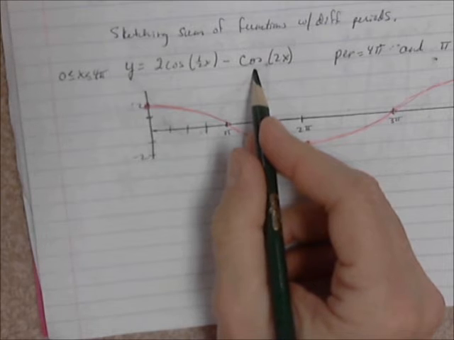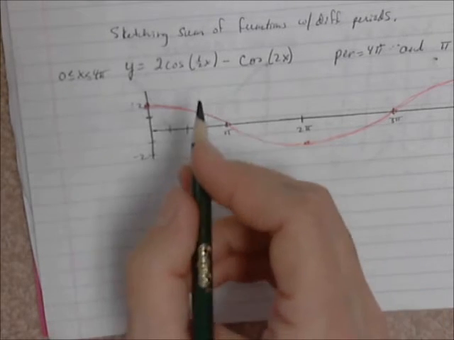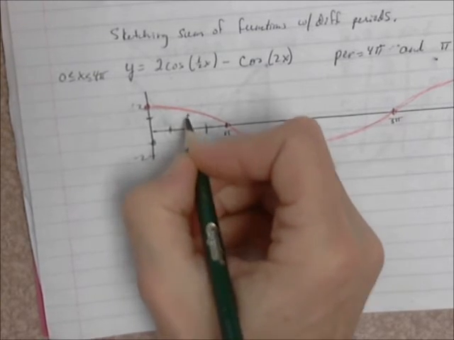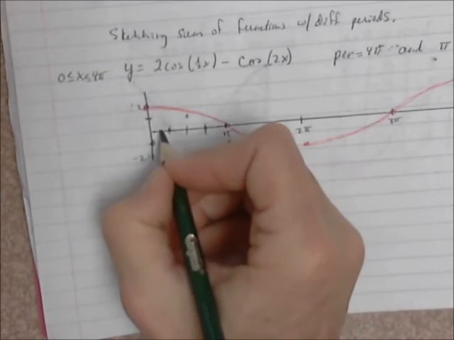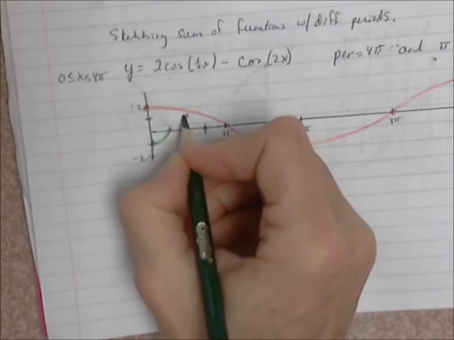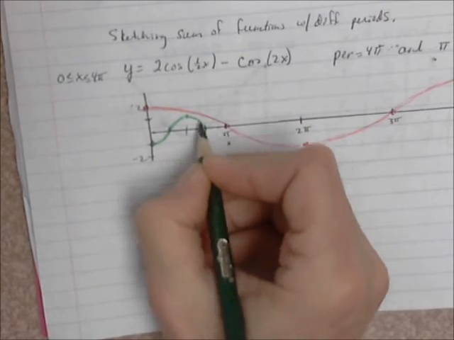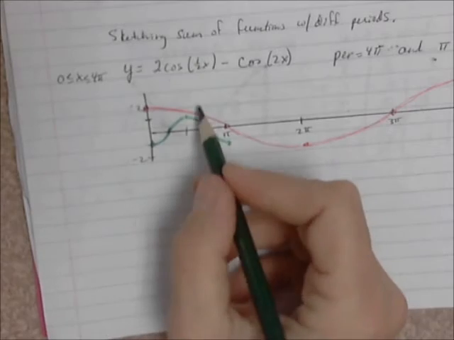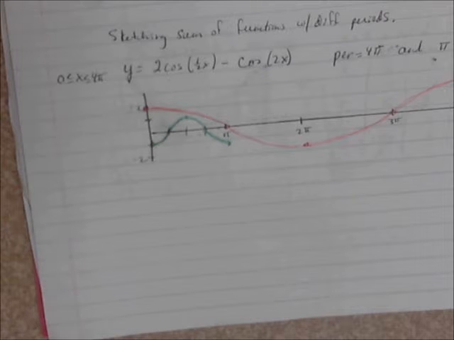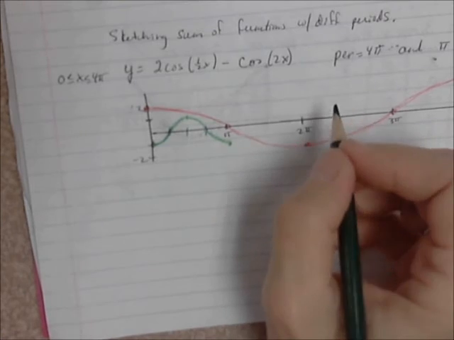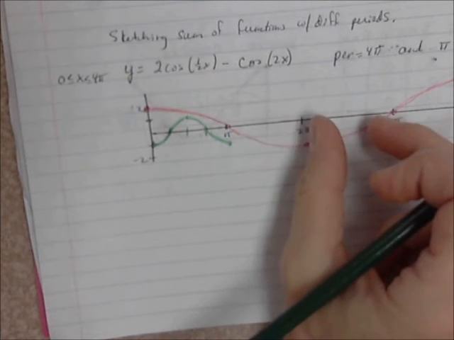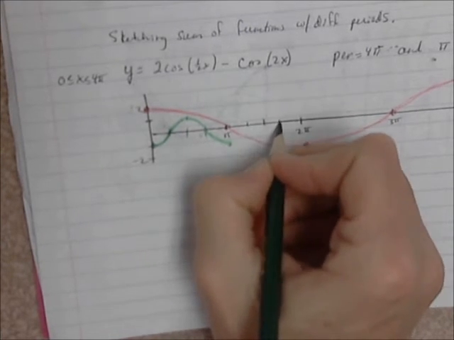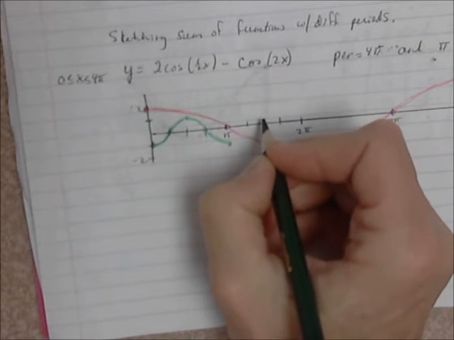And the negative cosine of 2x has an amplitude of 1, but it starts at the bottom. So we got bottom, middle, top, middle, bottom. Concave up, concave down, concave down, concave up. So there's one. We're going to be adding these two green and red together. So I'm going to go ahead and divide the next 3 segments into 4. So divide it in half again, and sketch our next cosine curve.